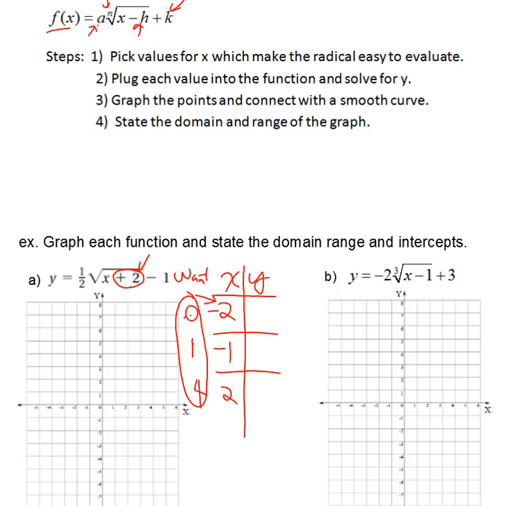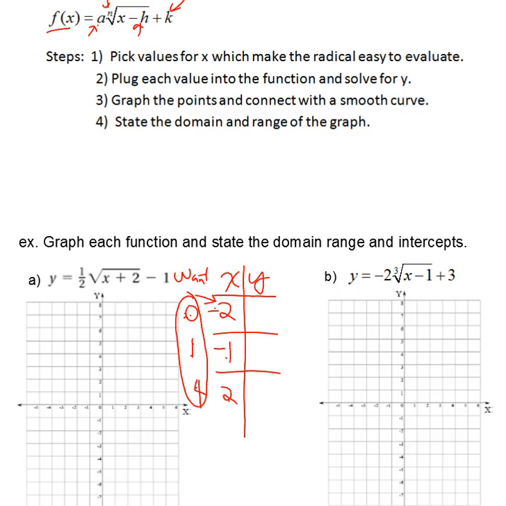What you want, what you have, what you need. I want a 0. My transformation is left 2, so subtract 2. What's 0 minus 2? -2. I want a 1. I have a -2. I get a -1. I want a 4. I subtracted 2, so I need a 2, right?